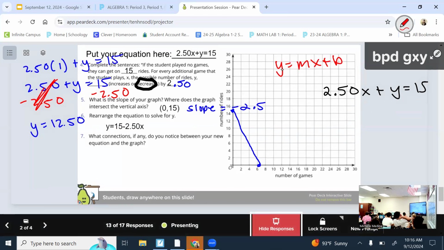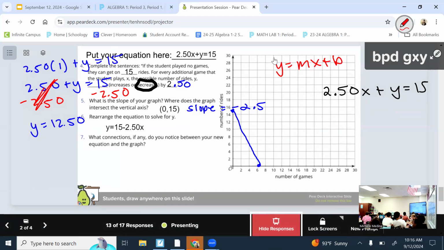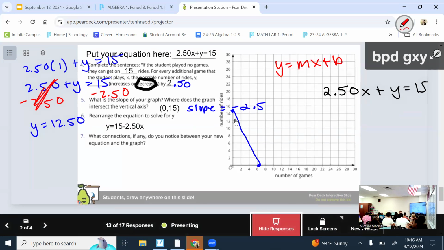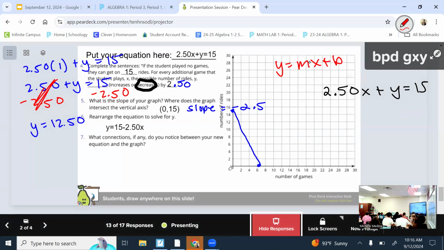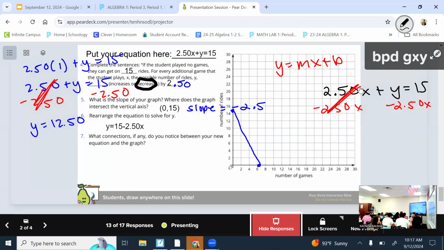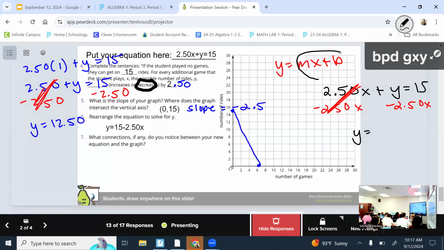What's alone in y equals mx plus b? The y. So if I get the y alone, which is what it's asking you to solve for, then I can have it in slope intercept form, and it's easier to see my slope and my y-intercept. So how do I cancel out this 250x? How do I make it go away so that the y can be alone? And whatever you do on one side. So then I have y equals, and I just want it to look a little bit more like this.